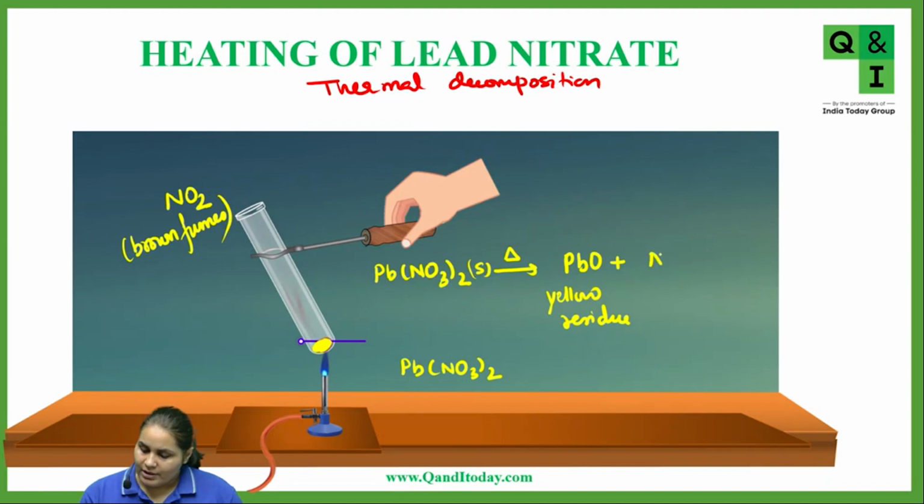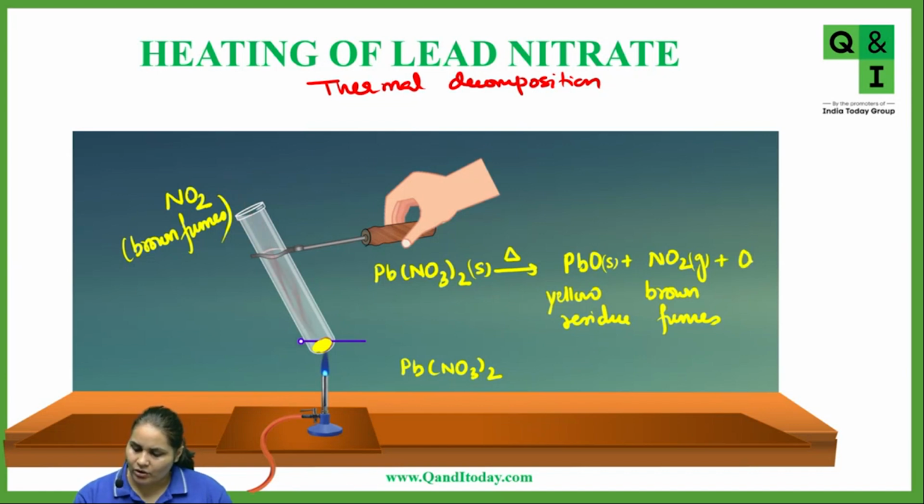Then nitrogen dioxide, which is gaseous and gives brown fumes, and also you get oxygen gas. This is the whole reaction, but this equation is not balanced. To balance it, I have to write 2 Pb(NO3)2, 2 PbO, 4 NO2 and O2.